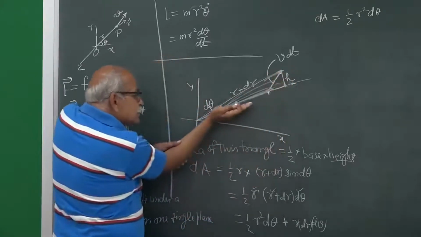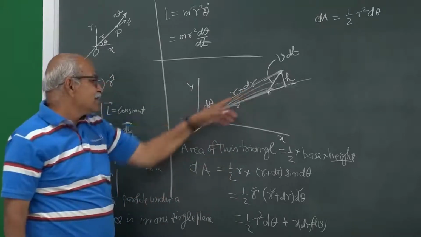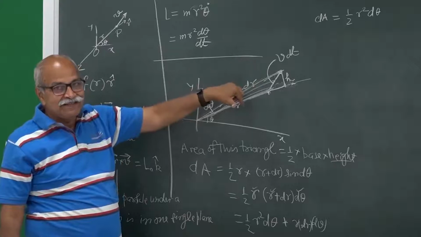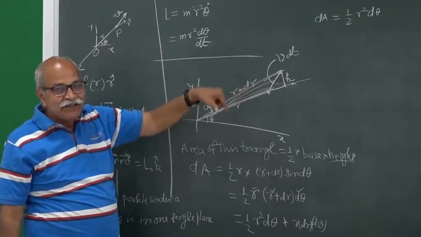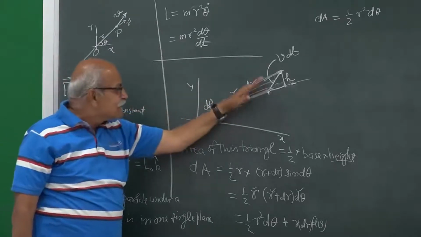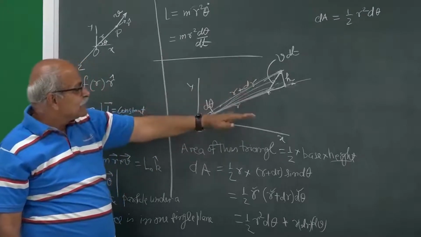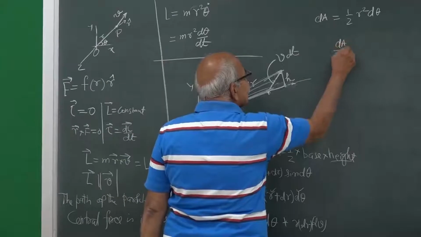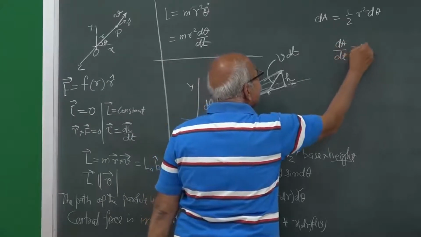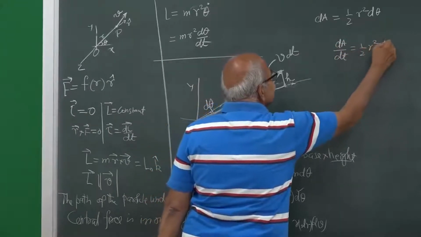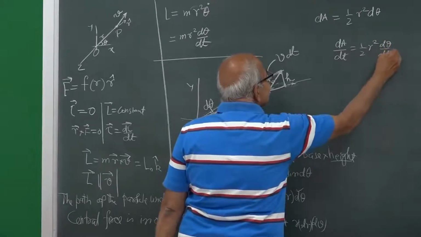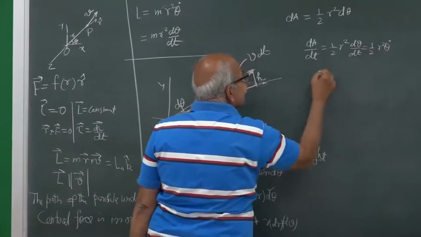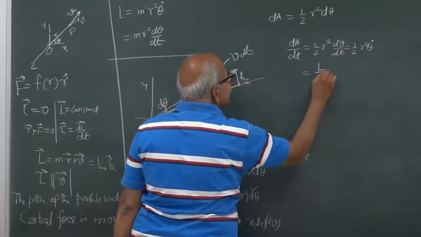So, as if this radial line is sweeping this area in time dt. So, the rate at which this area is being swept will be dA by dt, and that dA by dt will be half r square d theta by dt, that is half r square theta dot, and that is L divided by 2m.